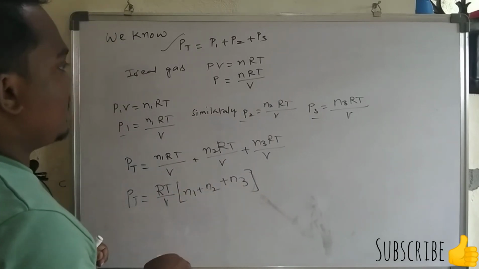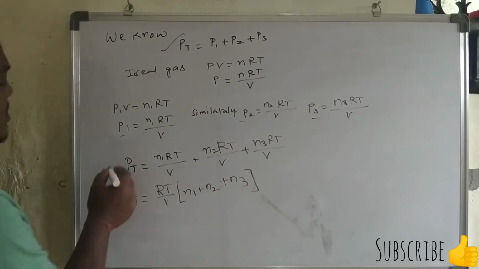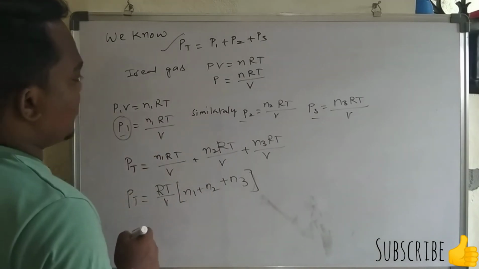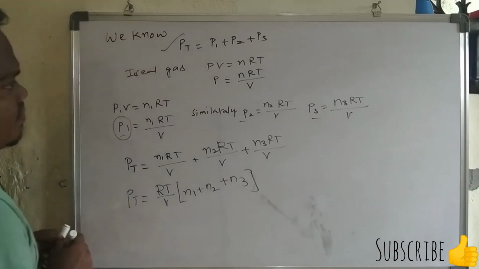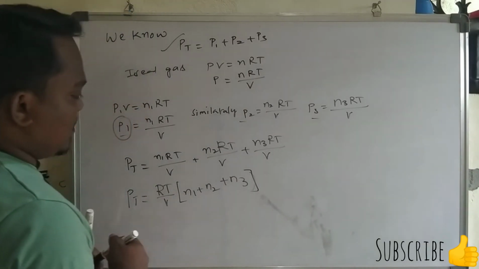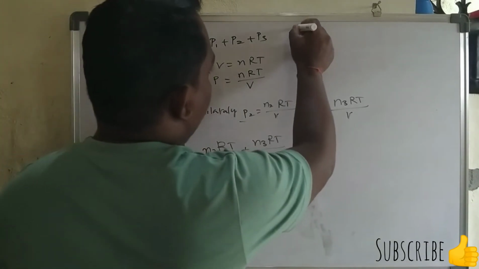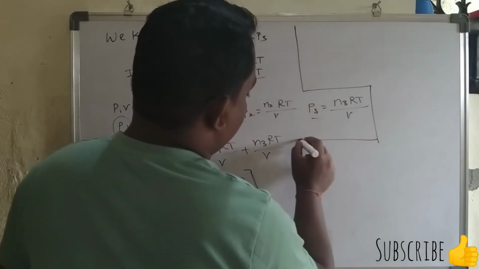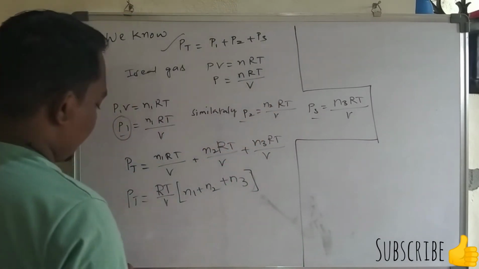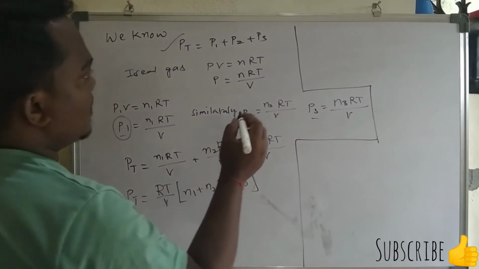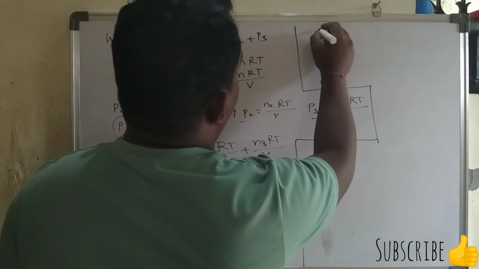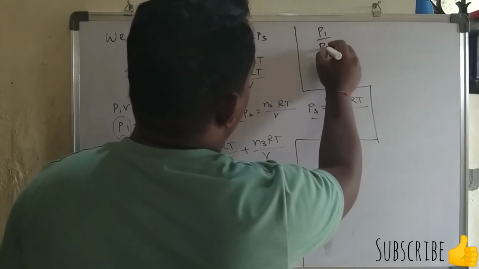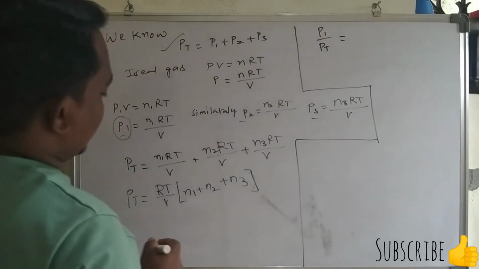Now let us calculate the individual partial pressures, partial pressure P1, partial pressure P2. So let me write it up here. P1 by Pt is equal to, how am I going to write this?